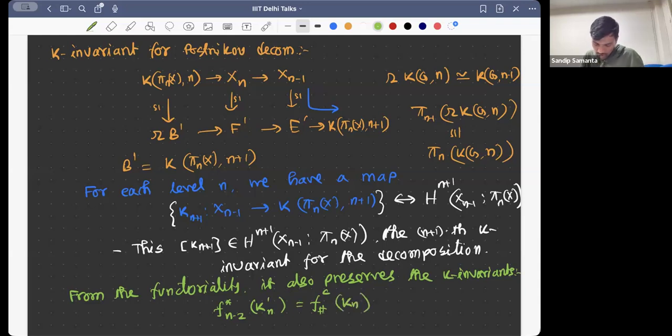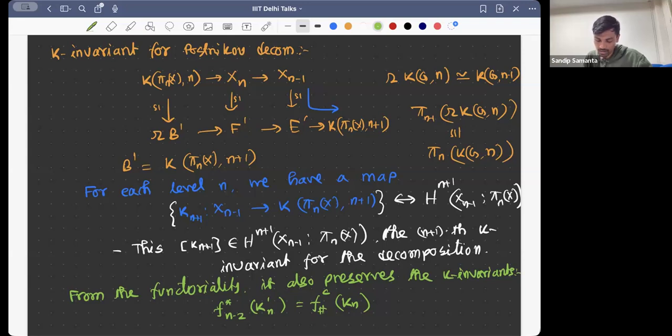Again, I'm removing the class notation, just saying k n is the corresponding cohomology element. What is this notation? f n minus 2 is the corresponding map from X n minus 2 to X n minus 2 prime.